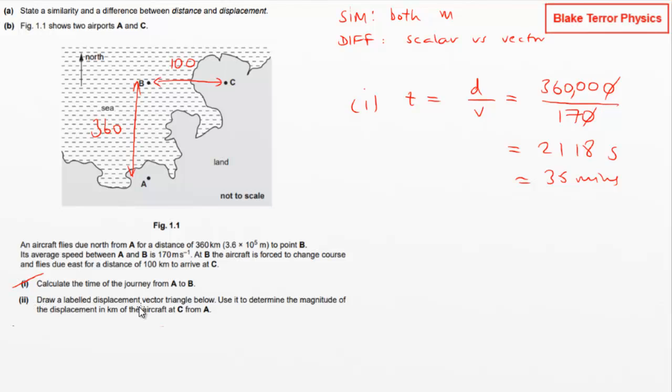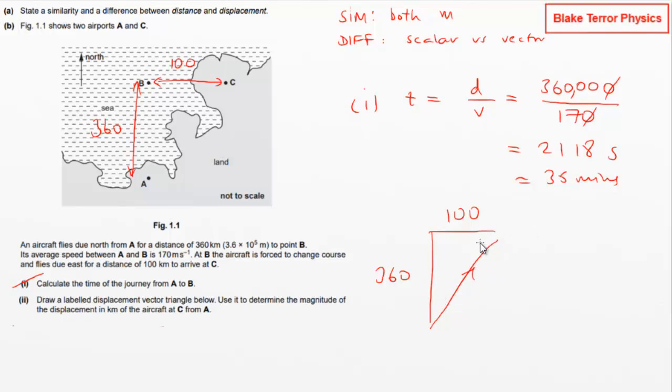Draw a labeled displacement vector triangle below. Use it to determine the magnitude of the displacement of the aircraft at C from A. Okay, so they just want us to do that and say, well, we've got 360 kilometers, 100 kilometers. So we just need to work out on this.